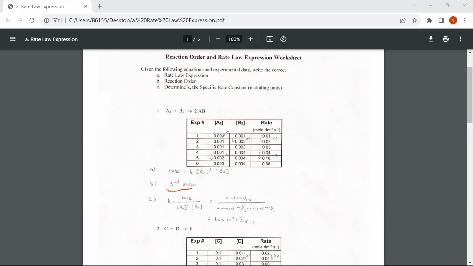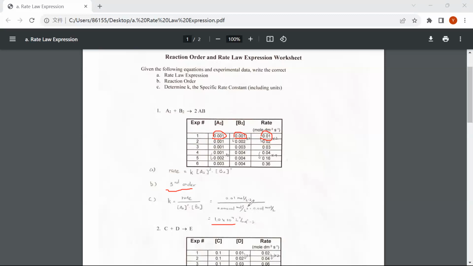And we plug the value of 0.001 for A2, and B2 is also 0.001, and the rate is 0.01. So in this case, we get the number of 1.0 times 10 to the exponent 7.